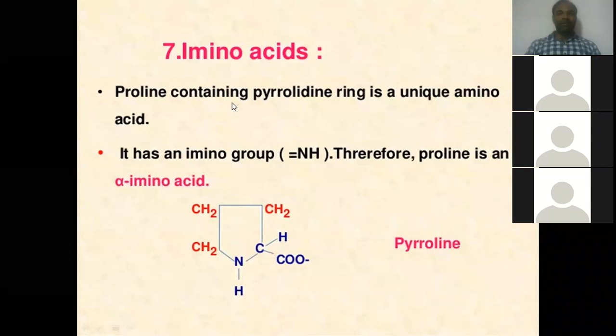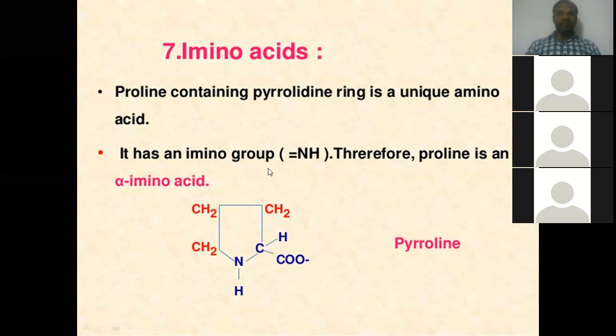The proline containing pyrrolidine ring is a unique amino acid, right? इन्होंने बताया है pyrrolidine के बारे में बता रही है. The proline containing pyrrolidine ring is a unique amino acid. It has an imino group. ये जो proline रहेगा, proline containing pyrrolidine ring, it consists of an imino group.